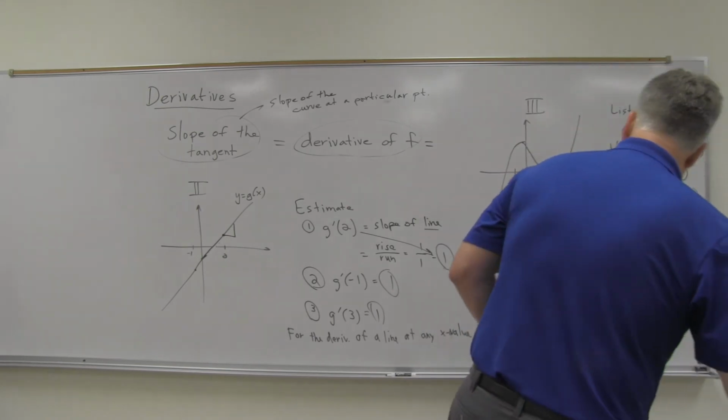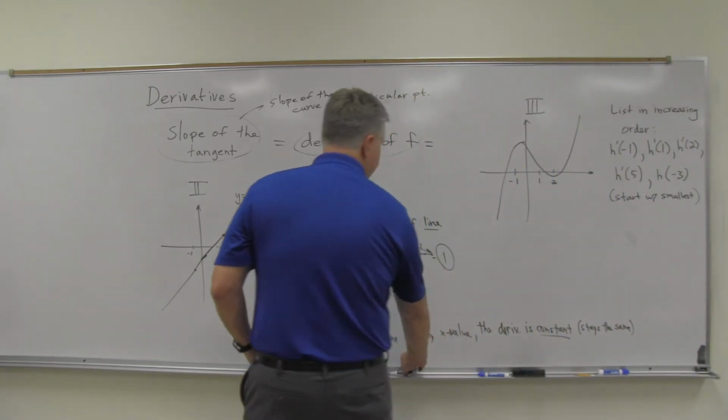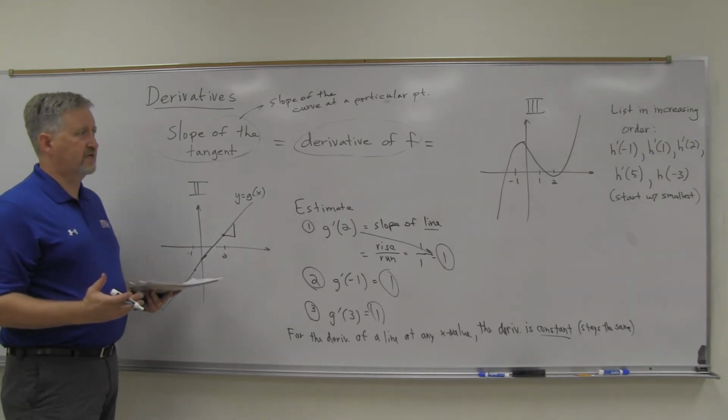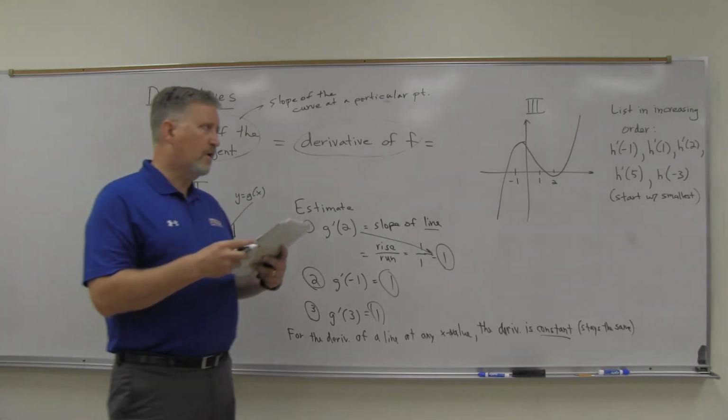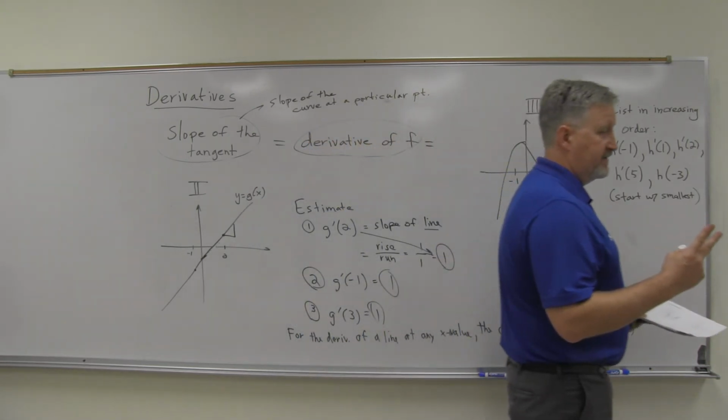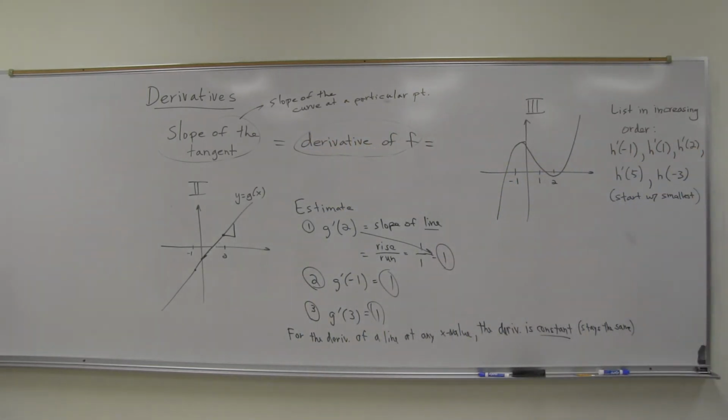Which one should be the first one? If I start with the smallest, meaning in this case probably most negative. Well, the way I see it is there's only two of them that have negative values. This one's negative. How do I know that? h prime of 1 is the slope at 1.